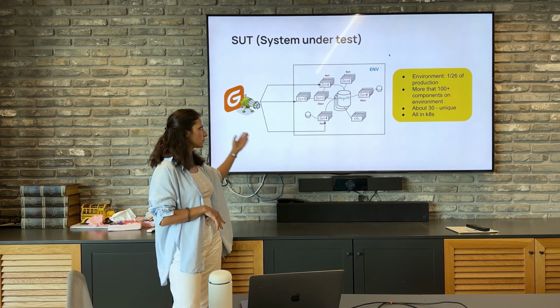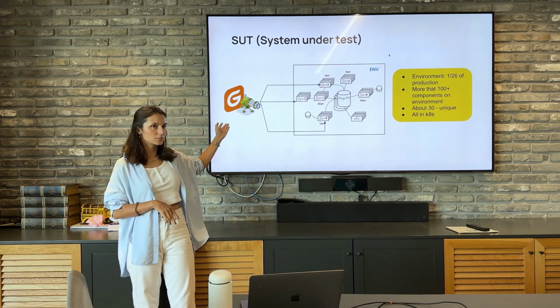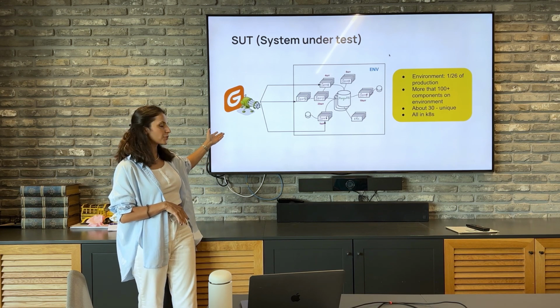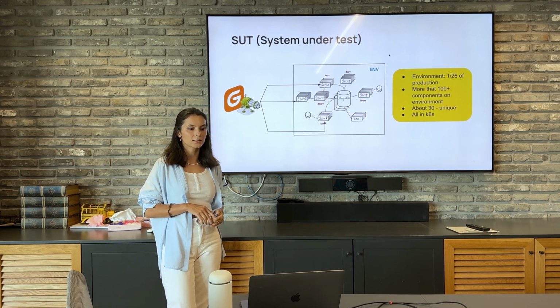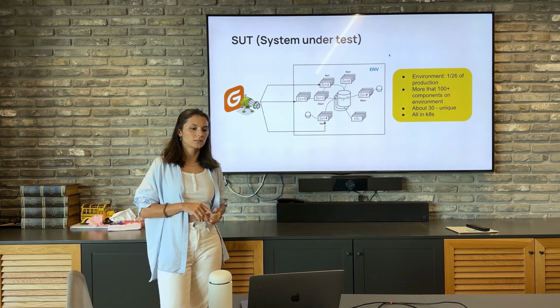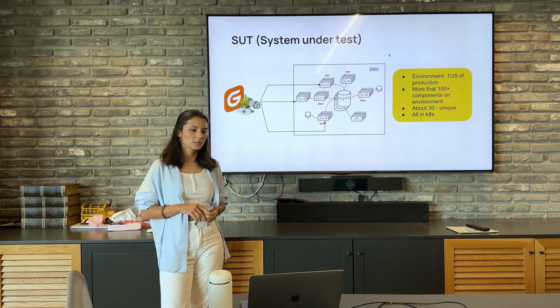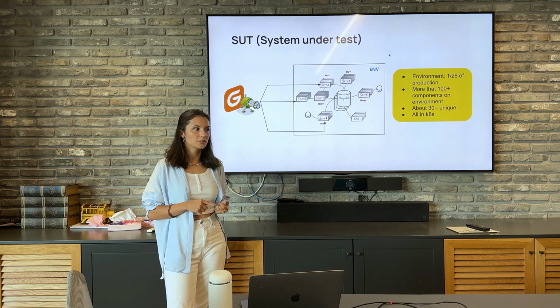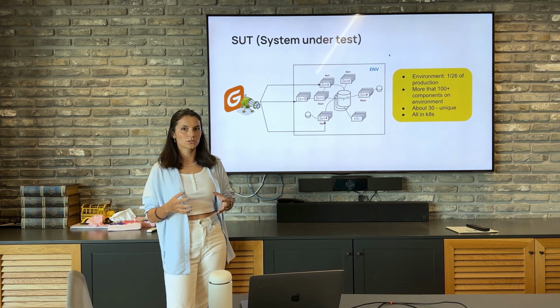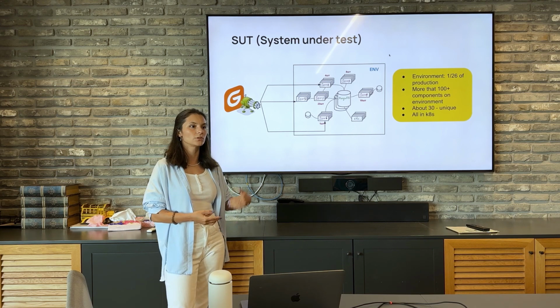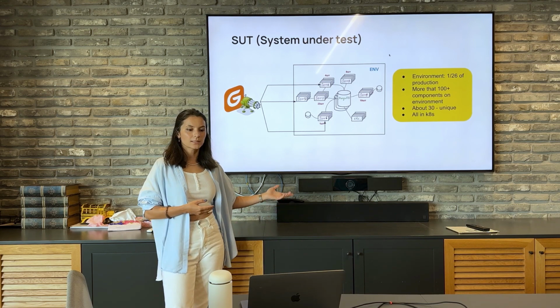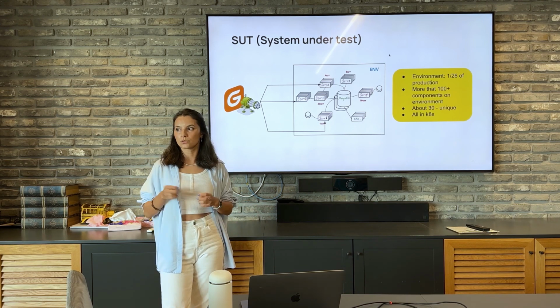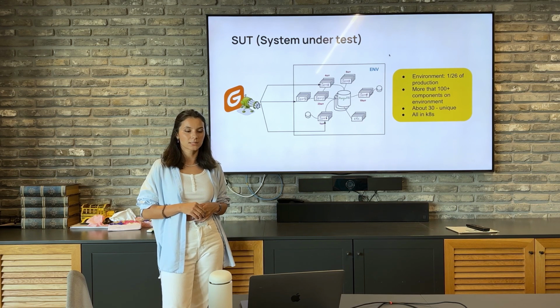Also, we have automatic performance tests that are written in Gatling, and quite huge automation there, including reporting and starting the environment. So we have automation that starts the environment from scratch, even on virtual machines. We had it like this to reduce costs, not to waste them.